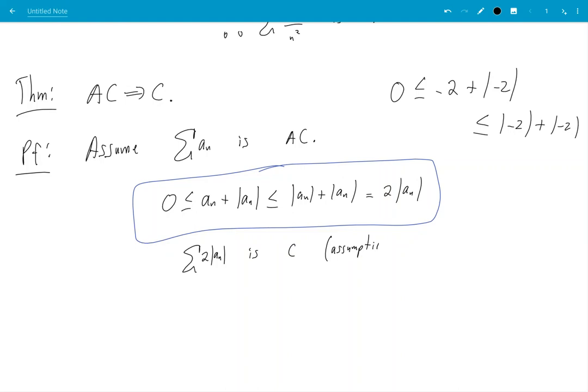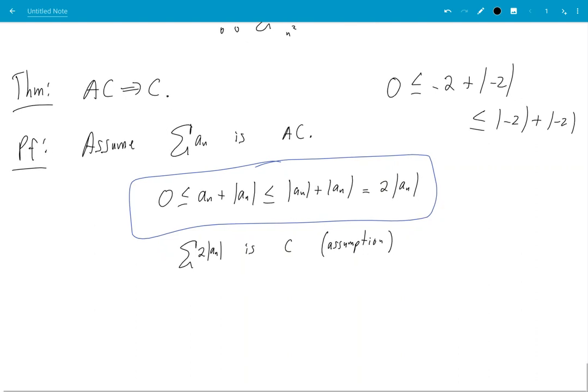Well, very close to the assumption. So the summation of a_n plus the absolute value of a_n is convergent too.